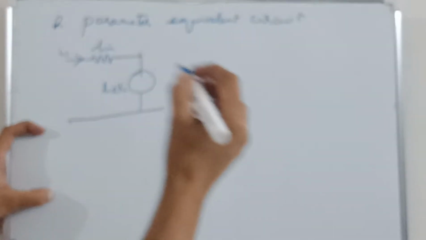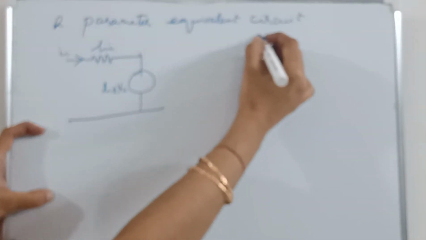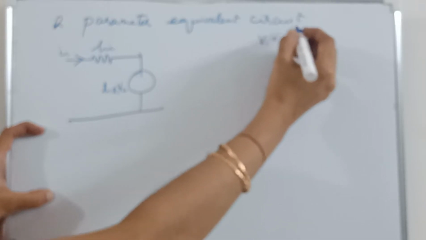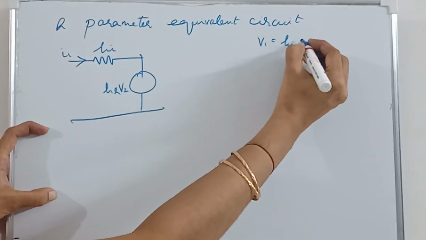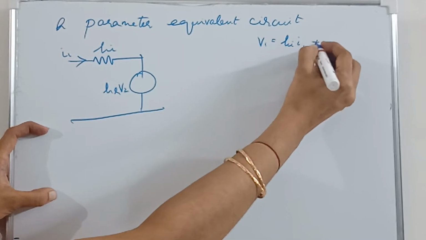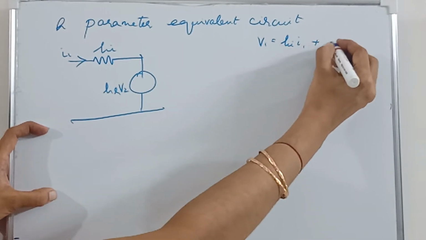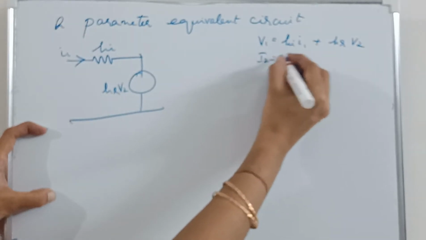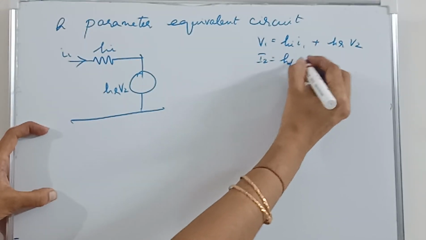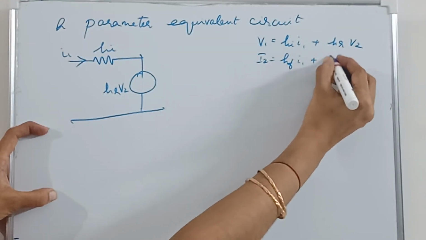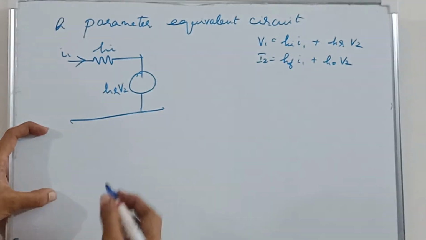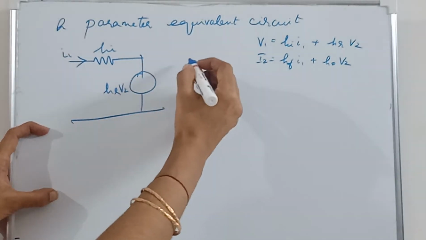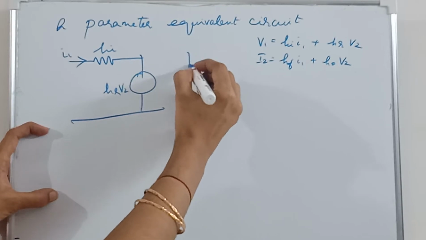Our first equation is V1 is equal to HI I1 plus HR V2, and I2 is equal to HF I1 plus HO V2. So this is what we are going to represent in the equivalent circuit.